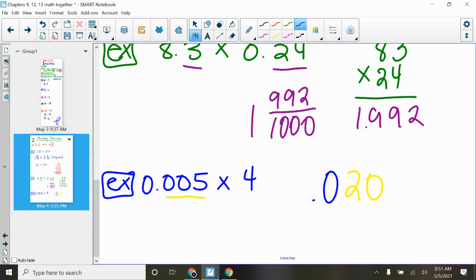Because look, if you don't have that 0 there, buddy, and let's just say that you put the decimal right in front of the 2. What's that number's name? 2/10. So if I put a 0 in front of it, what's its name? 200. So do you see how they're different numbers?